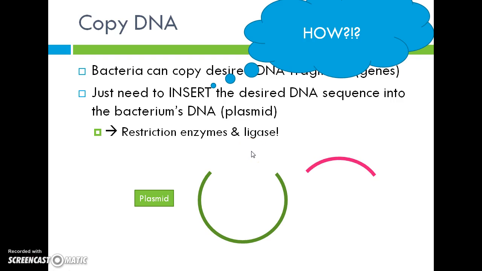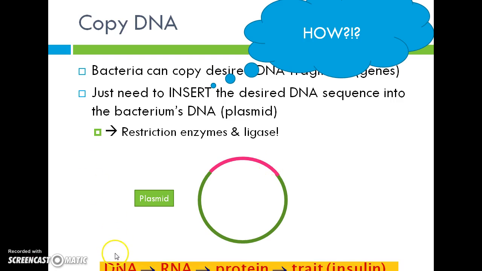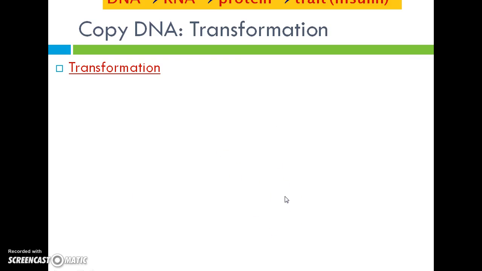If I use that same restriction enzyme to cut a different kind of DNA, the ligase can be used to join the two together, and now I have this recombinant plasmid with a new inserted gene. Maybe this gene is used to make insulin, or maybe this gene allows the bacteria to light up or fluoresce under UV light. And that works because the DNA can then be transcribed to RNA, which can be translated into proteins, which result in a trait like insulin, for example.